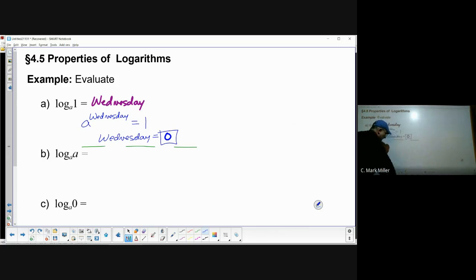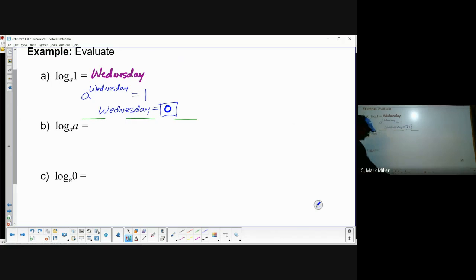Here's another one. Log base a of a equals S. This means a to the S is a. a is a to the 1.